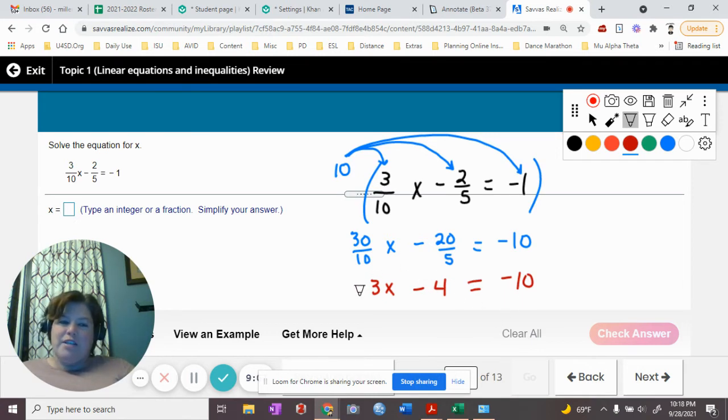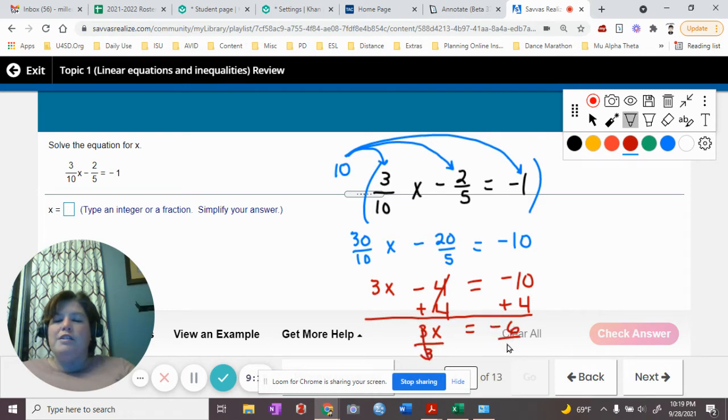Now this equation is a lot like the previous one. We can undo our constant by adding 4 to both sides. So 3x equals negative 6. And then we can undo our coefficient by dividing both sides by 3. And we get x equals negative 6 divided by 3, which is negative 2.